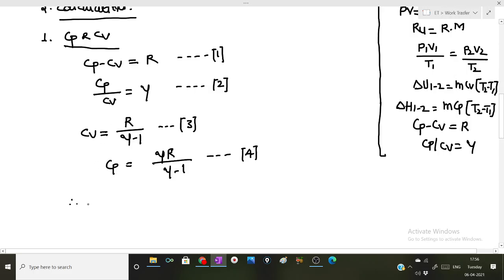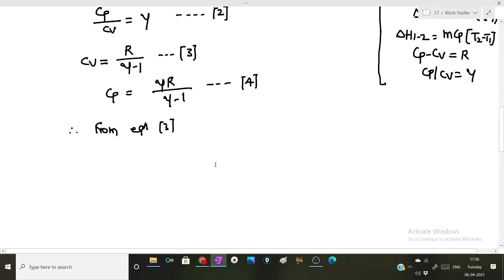So from equation 3, let us calculate the value of Cv. Cv is equal to the value of R, 0.264, over the value of gamma, 1.18 minus 1, and the unit of Cv will be the unit of R, that is kilojoule per kg per Kelvin.